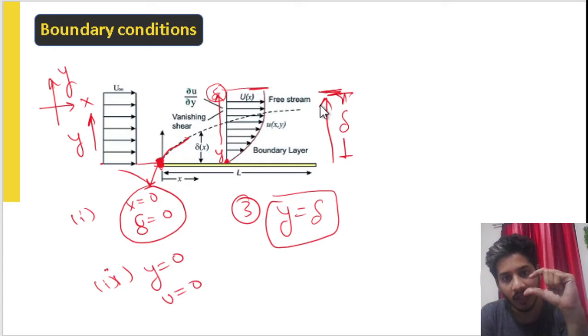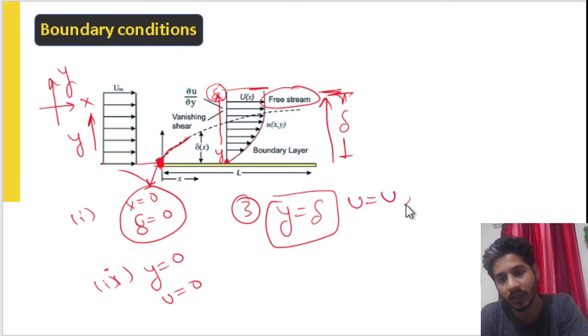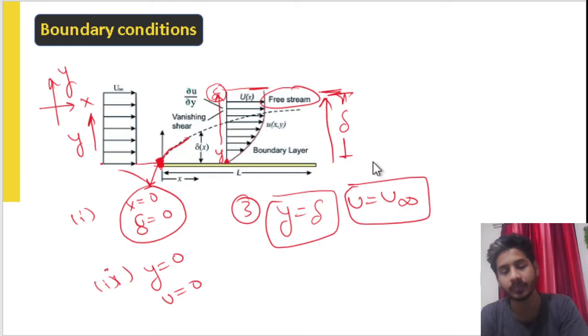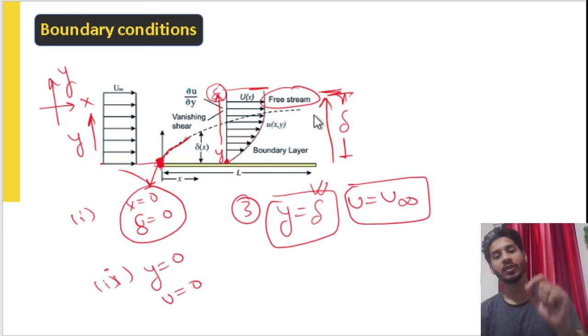When y reaches the value of del, what is the velocity? This is the free stream velocity, that is u equal to u infinity, as I already told. As y increases and reaches the value of the boundary layer thickness, u is what? U infinity. This is the third condition.